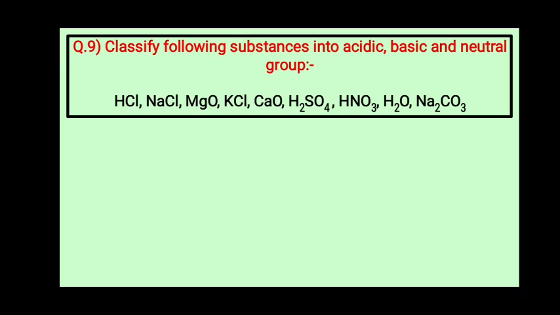Next, H2O. H2O is water and water is neutral. And last one, Na2CO3. What is Na2CO3? Sodium carbonate. Sodium carbonate is a salt. Therefore, it will come under neutral group.